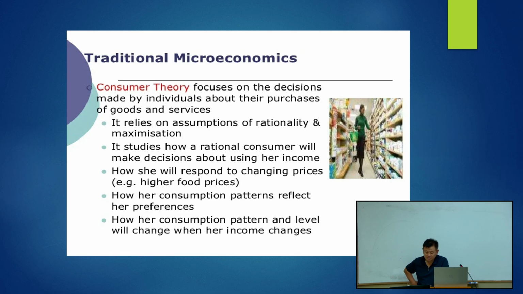So consumer theory seeks to predict purchasing patterns by making three basic assumptions about human behavior. We can explain consumer theory with these three basic assumptions. First is utility maximization.